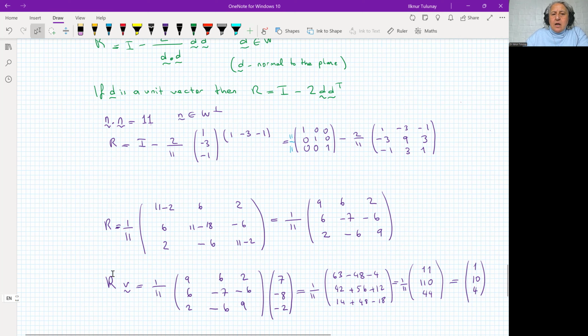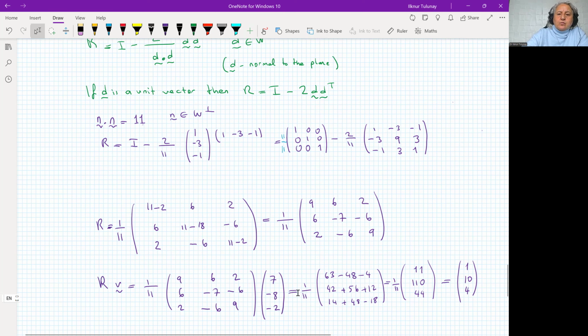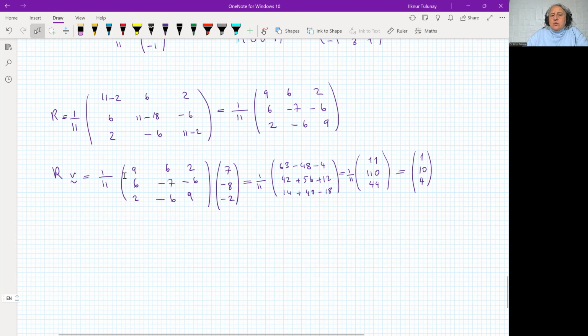Now we would like to calculate the reflection of the vector v. This is a transformation, so we need to apply this transformation to the vector. The vector given to us is 7, minus 8, 2. All we need to do is multiply this matrix together with this vector. This is a constant, we can leave it here.